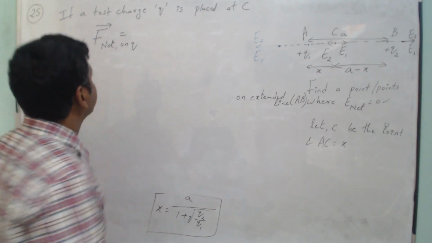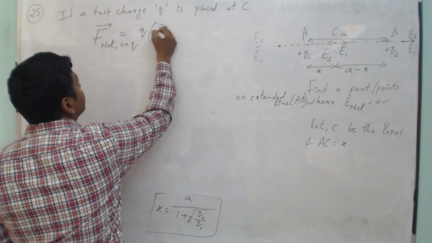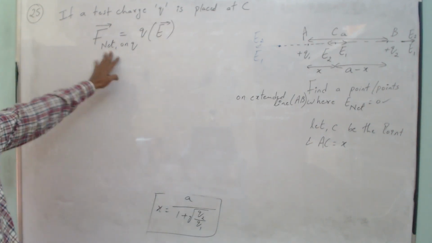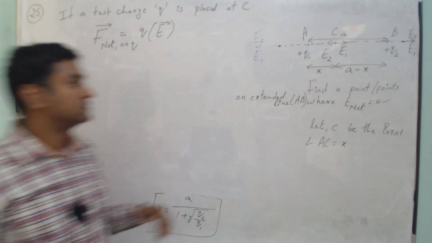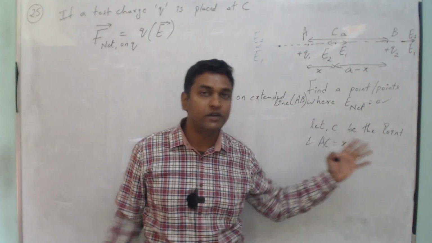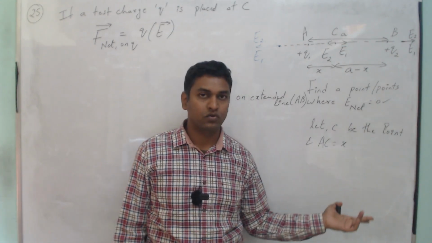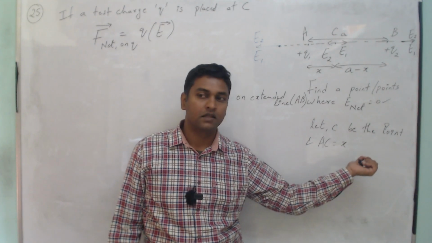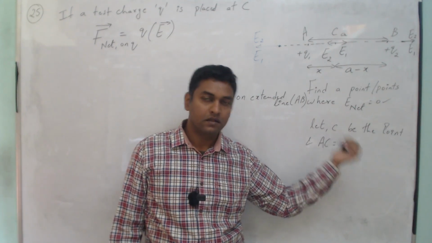Net force will be charge times the field, right? What is the field at point C? We found point C by making the field zero. What is the field at point C? Zero.